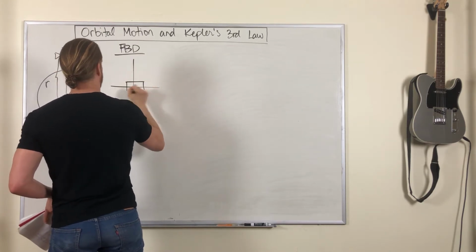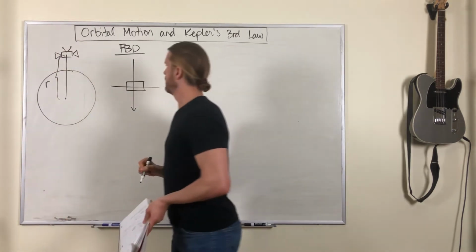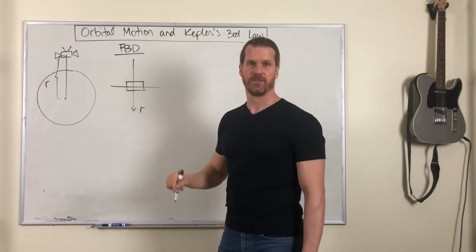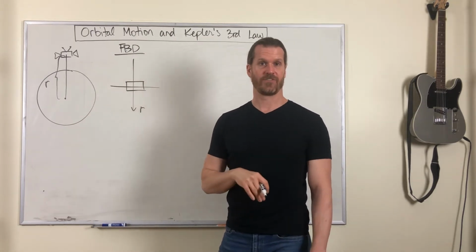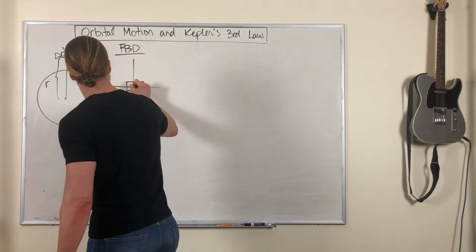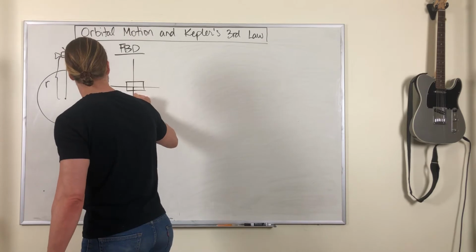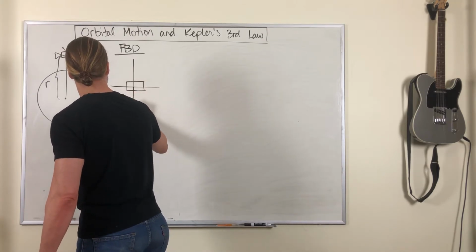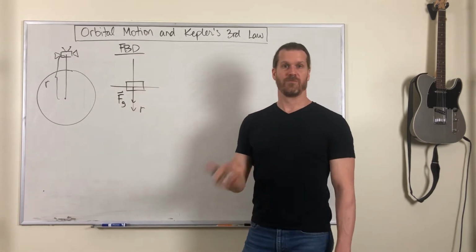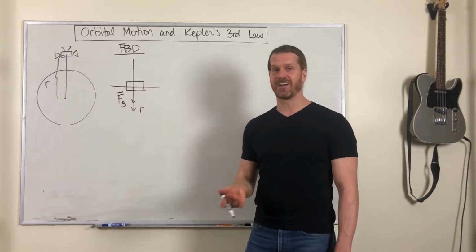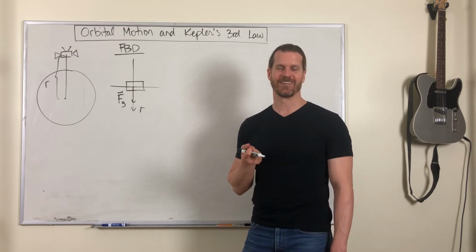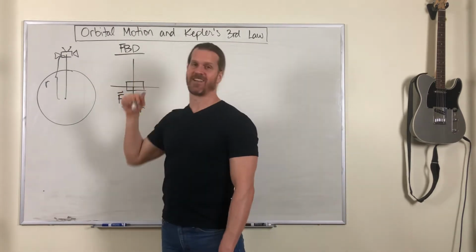The coordinate system I'm going to use has a radial direction pointing toward the center of the Earth. There's only one force on the satellite. It's just the force of gravity. So with gravity, you can kind of think of it as being like a string that's holding this satellite in place.